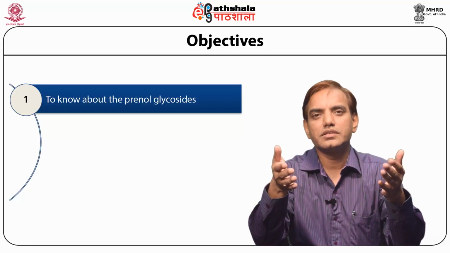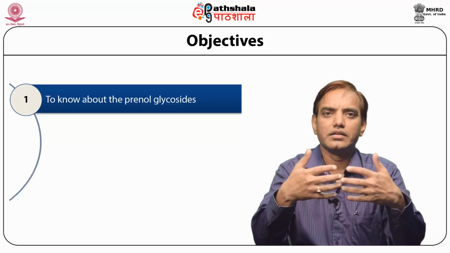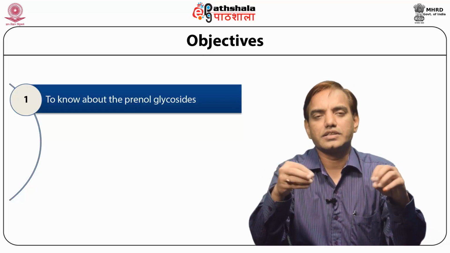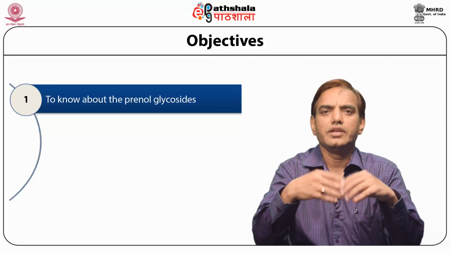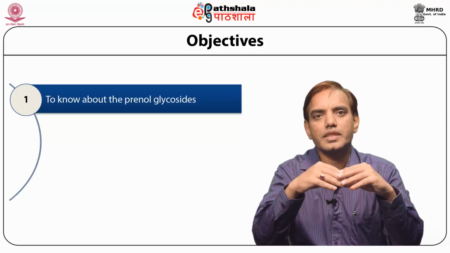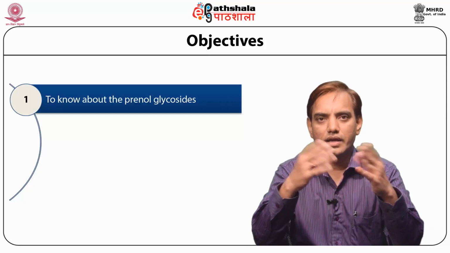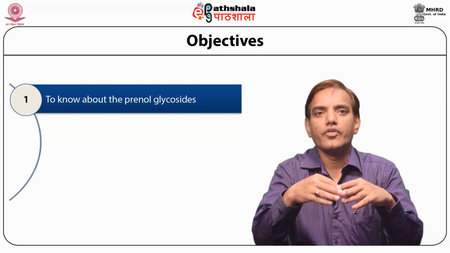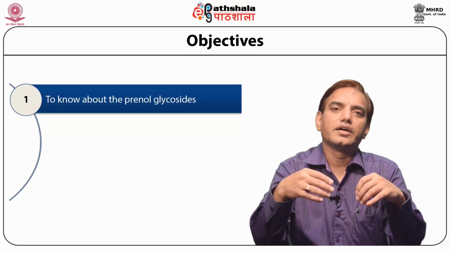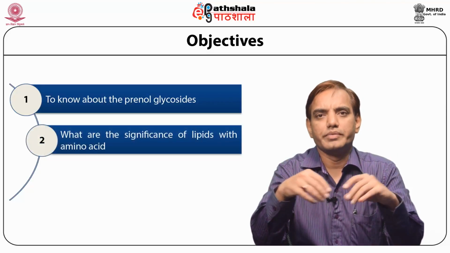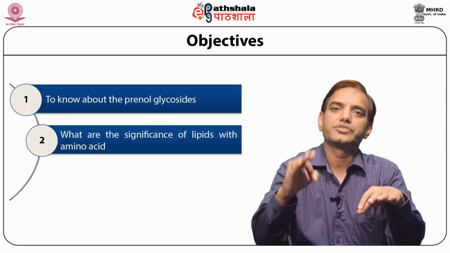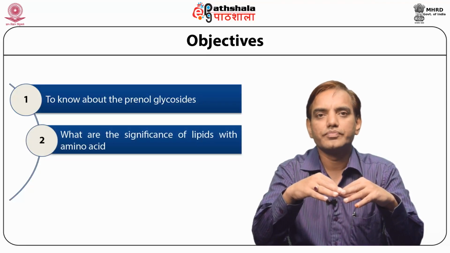We will discuss in detail how many types of prenol glycosides are present in a variety of organisms, and along with the prenol glycosides we are also discussing the significance of the lipids, especially which exist in association with the amino acids.